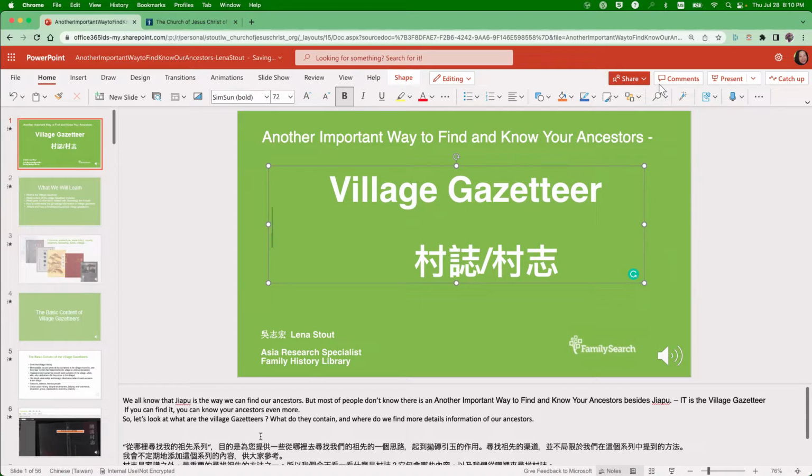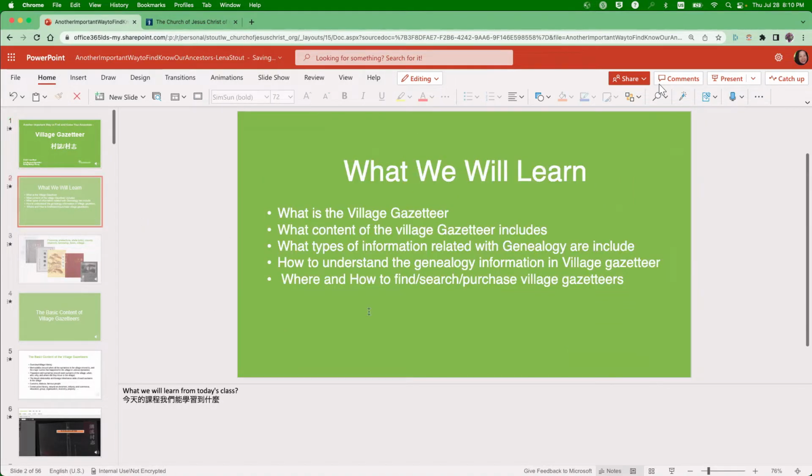So let's look at what the village gazetteer is, what it contains, and where we can find more detailed information about our ancestor. What we will learn together is what a village gazetteer is, what contents it includes, and what type of information related to genealogy.